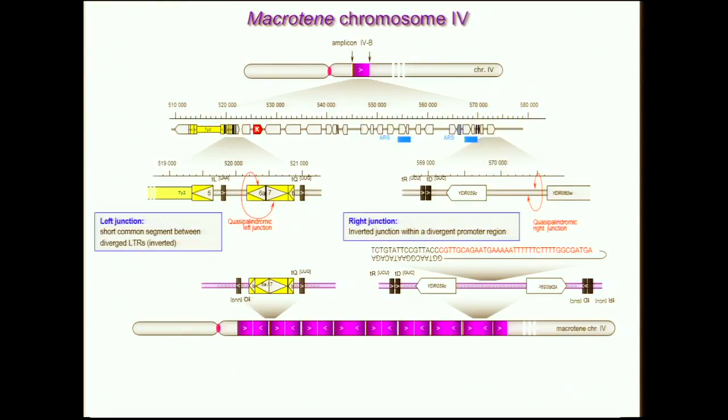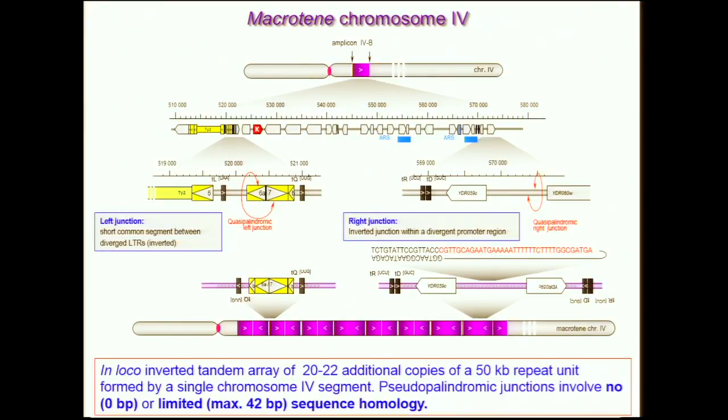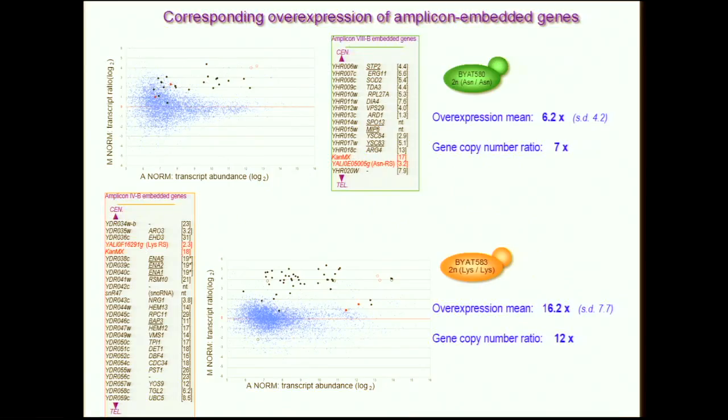So it's a replication hairpin, basically, which occurs in this area. This is one end, and the other end is between two solo delta, which are opposite ends, such that, in fact, we have a palindromic repeat, 22 copies of inverted repeat of the amplicon. Okay. As you might expect, genes are over-amplified to some extent.